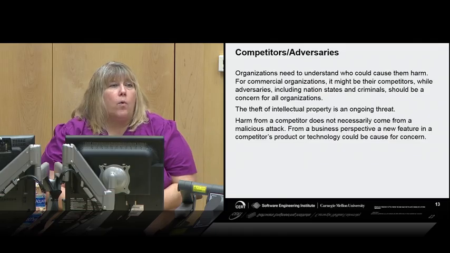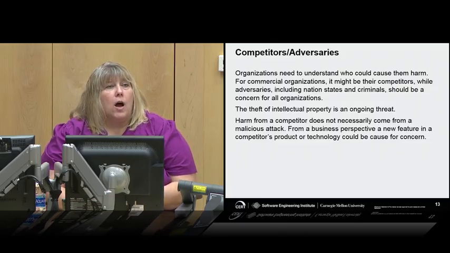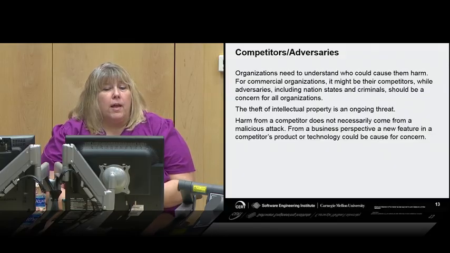So again, what are the threats? It almost ties into, in some of the things we're looking at here, a risk assessment. What type of risks and threats are out there? It can be that there are adversaries.